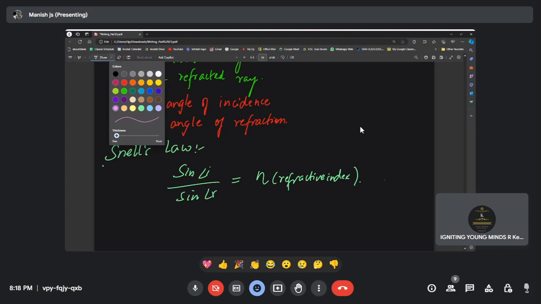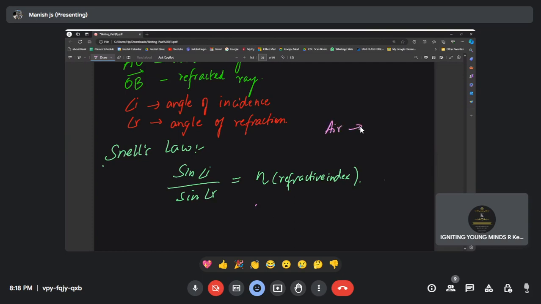Refractive index is basically a physical quantity that gives you the optical density of any medium. I repeat, refractive index is a quantity that gives you the optical density of any medium. That means the value of refractive index will tell you how fast a light ray can travel in any medium. For example, it is found that air has a refractive index of 1.008 something.